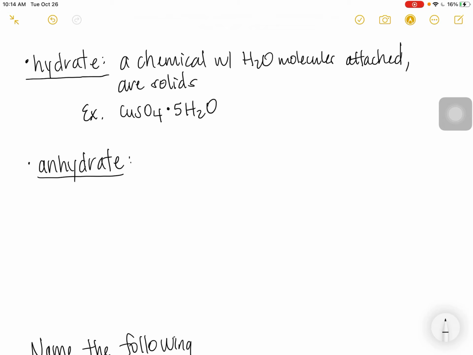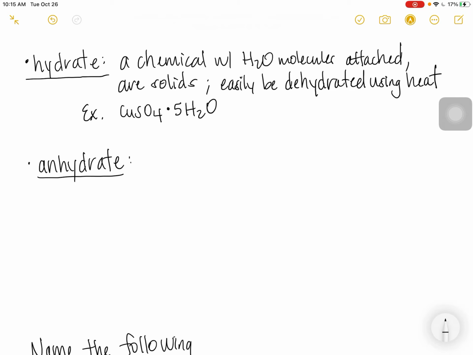Okay, so hydrates can easily be dehydrated using heat, and we will do this as a lab. So we're going to write a reaction in a minute. I'll show you a dehydration reaction, and then we'll further talk about how we can use that to do hydrate calculations. Okay, so then if a hydrate has H2O molecules as part of its formula, what's an anhydrate?